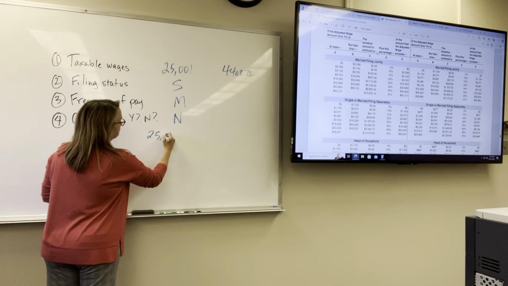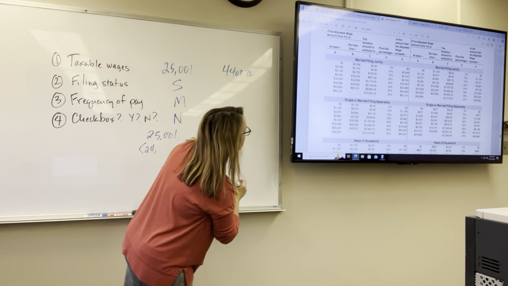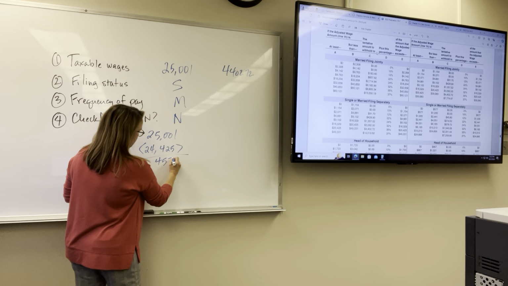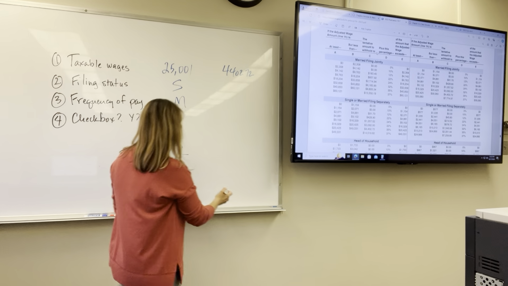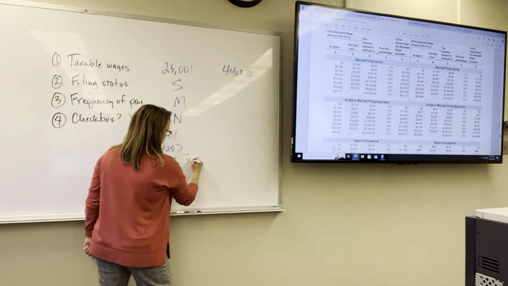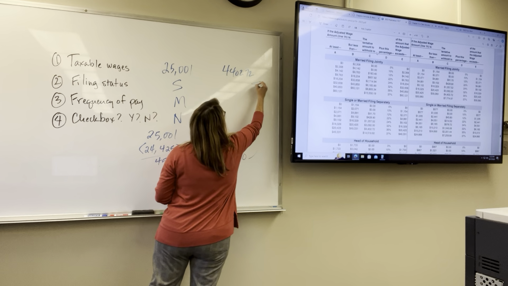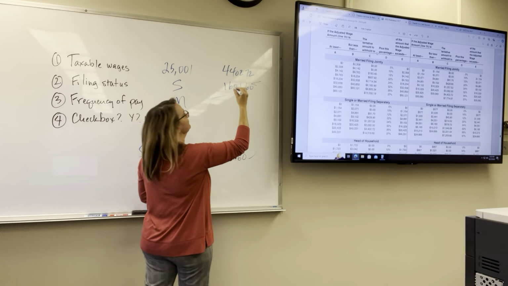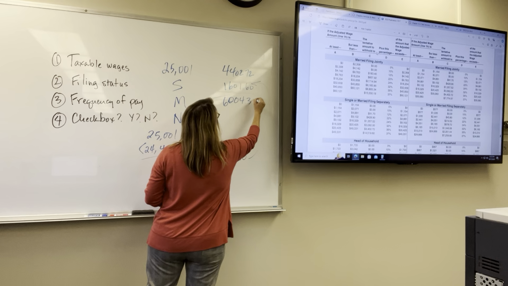So 25,001 minus 20,425 is 4,576. All right. That multiplied by our tax rate of 35% is 1,601.60. We're going to add that to here. $6,004.32.